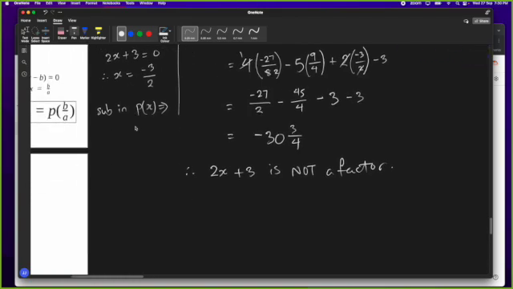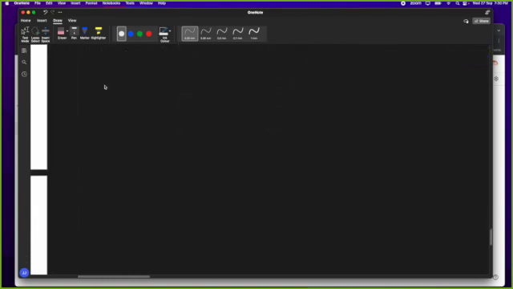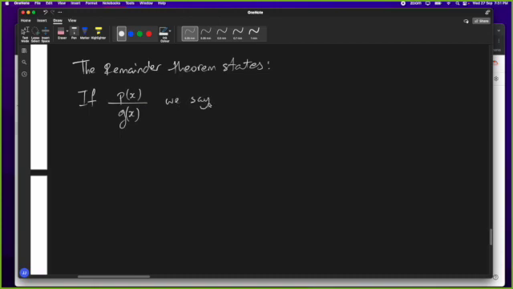So we could see here, therefore, the remainder theorem states that if p of x is being divided by g of x, we say g of x equals 0, and that will give us x is equal to b over a.